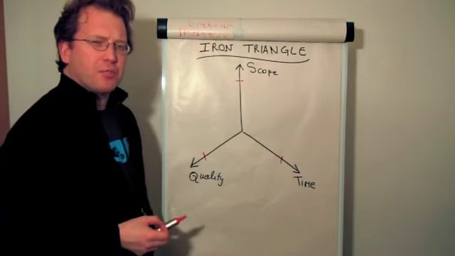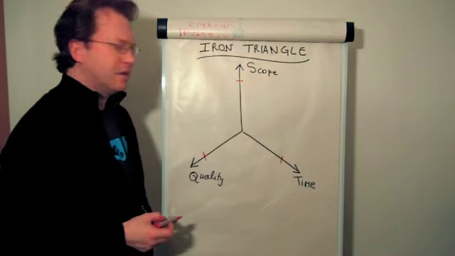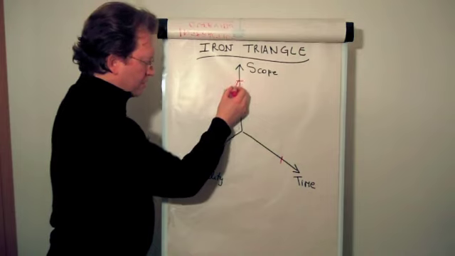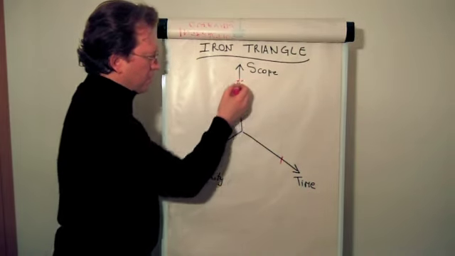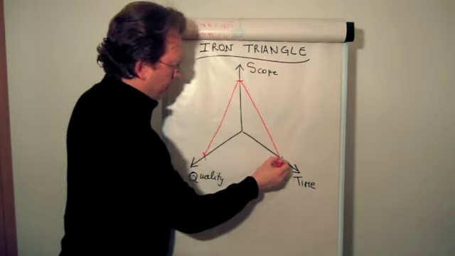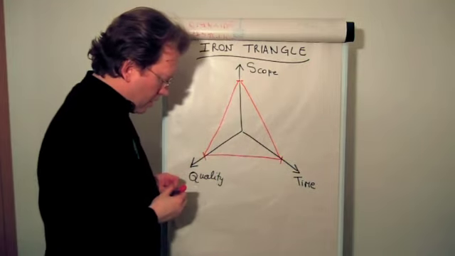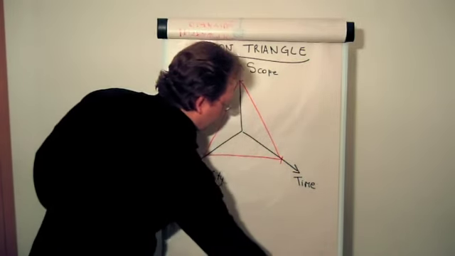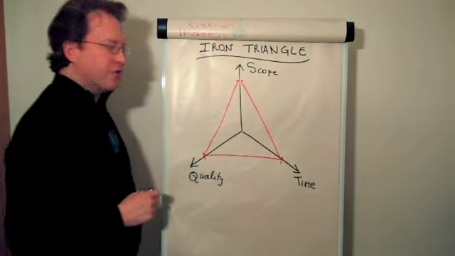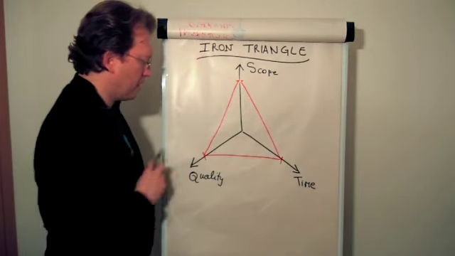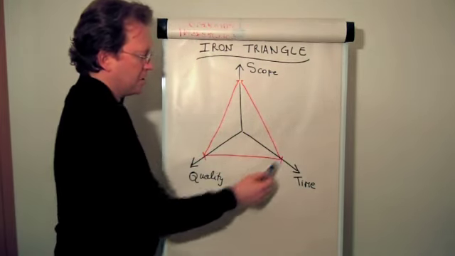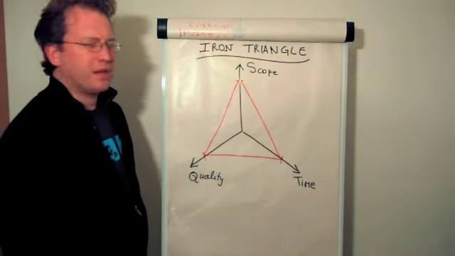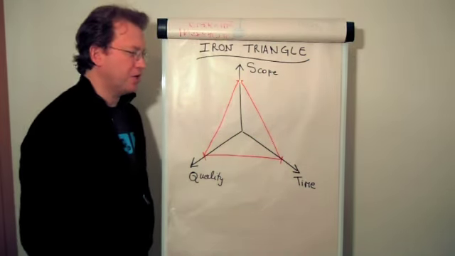And in a given project, you have to select one side of this triangle as your reference point. Why is it so? Because if you try to achieve a given scope for high quality and a given time, there are quite some chances that you will not make it.